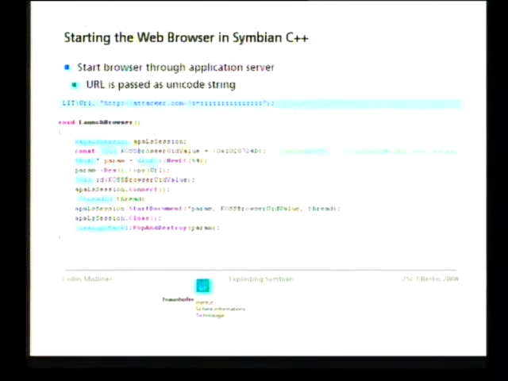Starting the web browser is very small in comparison. Just save your URL. Of course, you always include some part for the email, so you don't need any string manipulation.